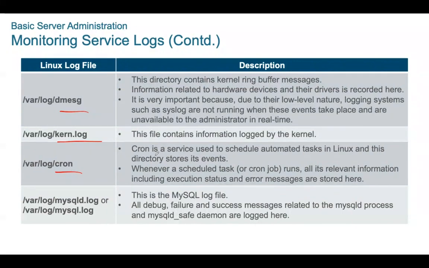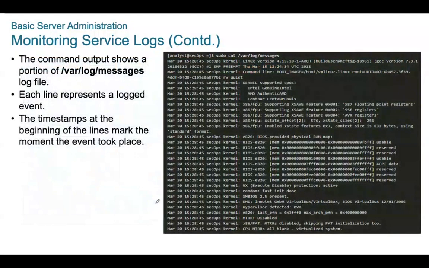These cron logs are used to schedule automatic tasks. And mainly for protecting your database, use the MySQL log files. To monitor this, use these commands. So these are some monitoring service logs for messages, showing what different services are going on, and their kernel services.